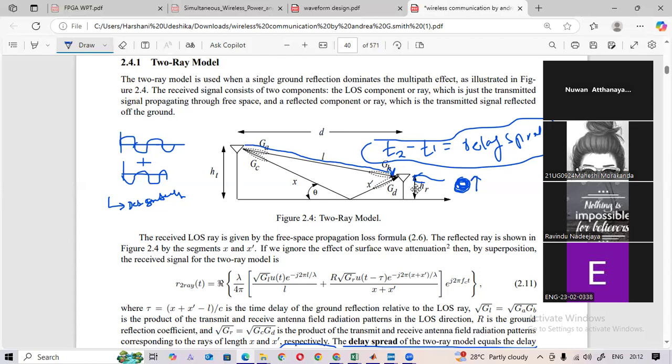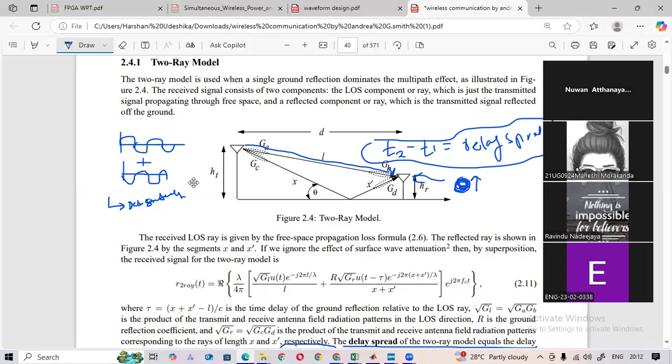That is how multipath fading happens. If the signals are destructively added, there will be a power loss. And if it is constructively added, what happens? The signal quality will be high actually, but the higher probability is there to add the signals destructively.